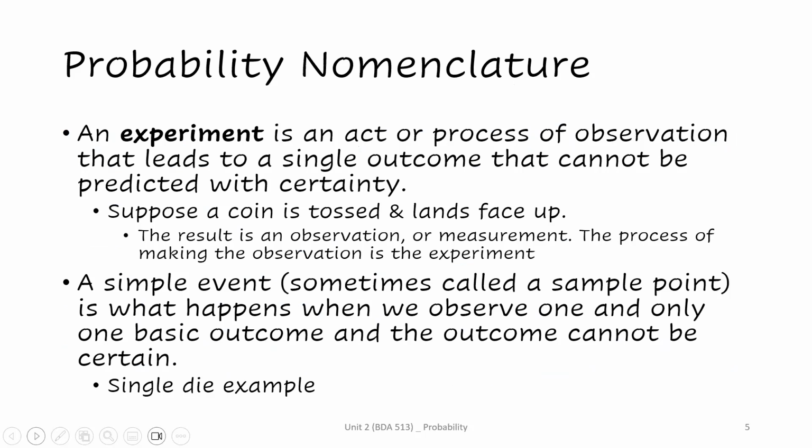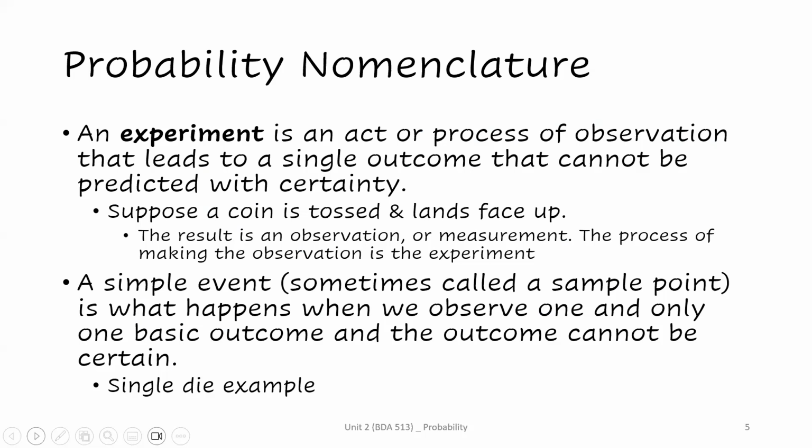So let's look at some of the terms when it comes to probability, so that when we use them down the line, you'll be able to understand what is happening. We talk about an experiment. This is the process of observing a single outcome that cannot be predicted with certainty.